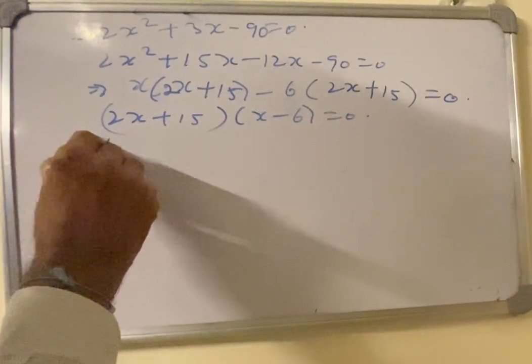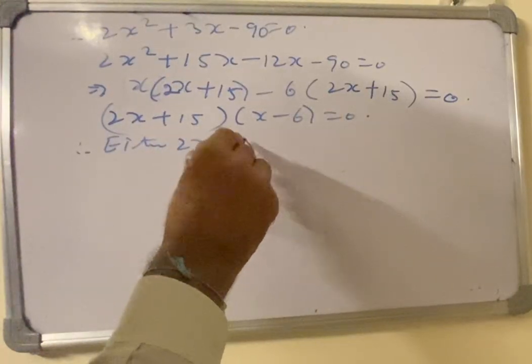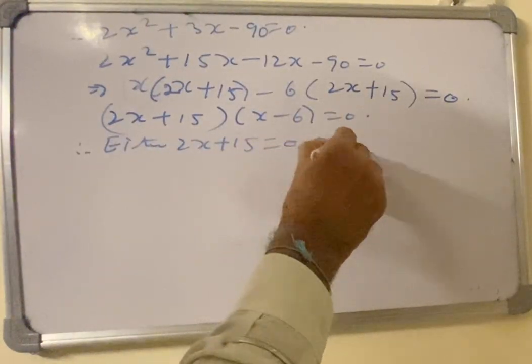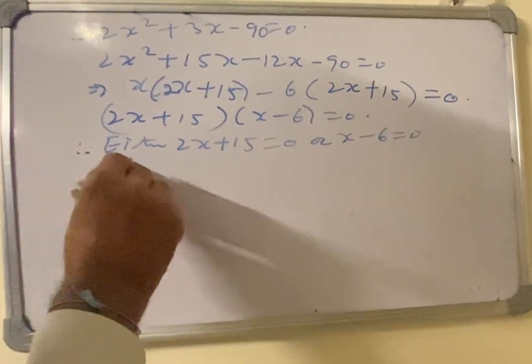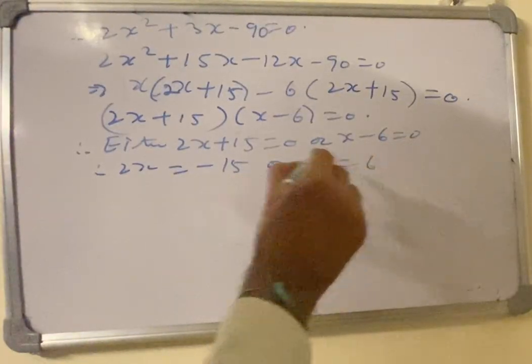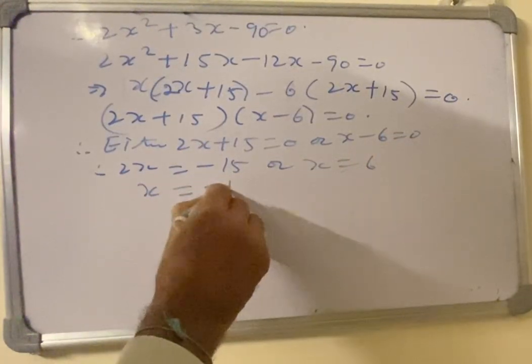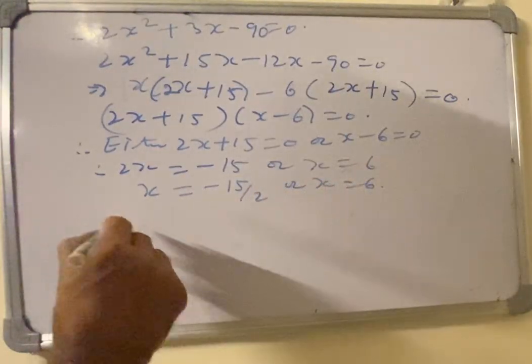Therefore, either 2x plus 15 is 0 or x minus 6 is equal to 0. So 2x is minus 15 or x is equal to 6. x is minus 15 by 2 or x is equal to 6.